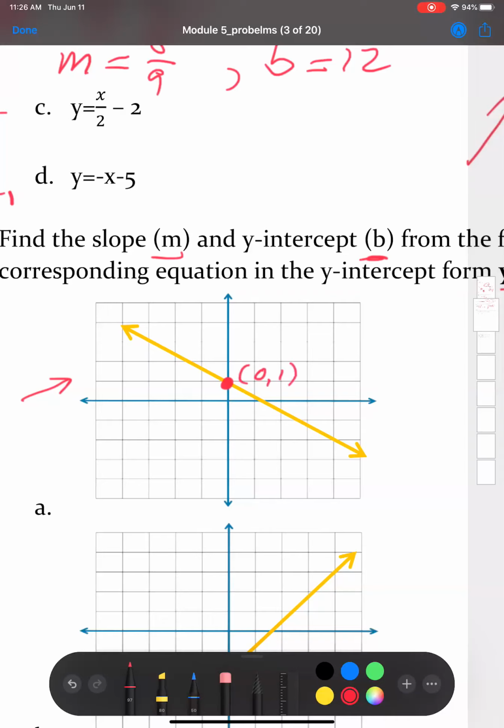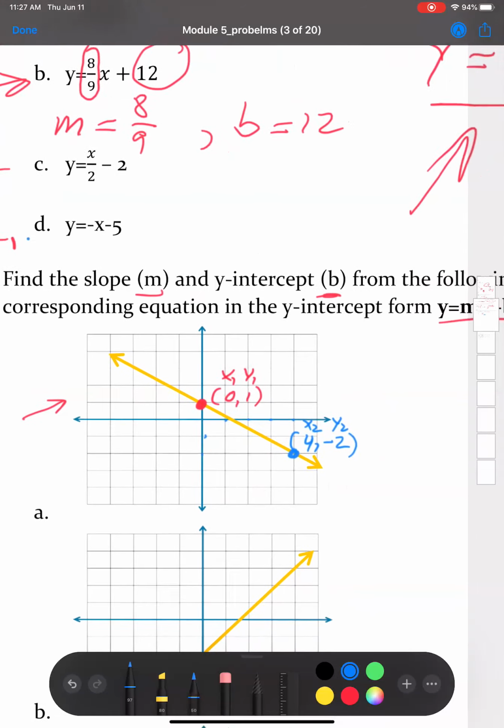We'll call this x1, y1. Now for our second point, let's find another exact point on the line. I would say that this one right here is an exact point. So this one is 1, 2, 3, 4. It's (4, -2). I would call this x2, y2.